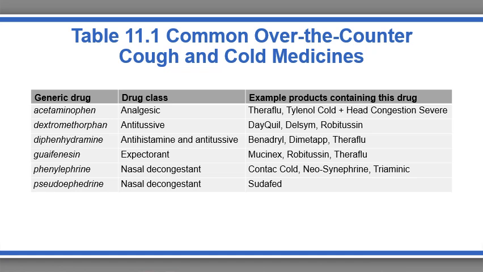Sometimes you will have nasal decongestants that also have a pain reliever with them. The reason you want to be aware of that is so they don't go and take another pain reliever for something else. So that's something to be aware of when you're looking at what types of medications they're taking.